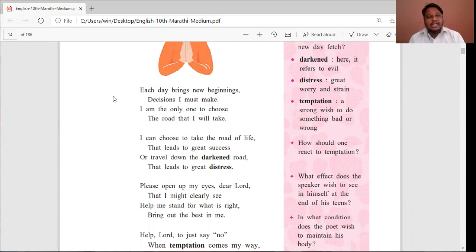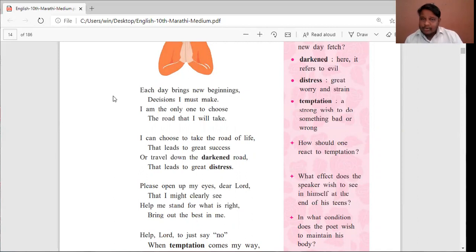And in the second two lines the poet says I am the only one to choose the road that I will take. In these two lines the poet wants to take the good road of life.